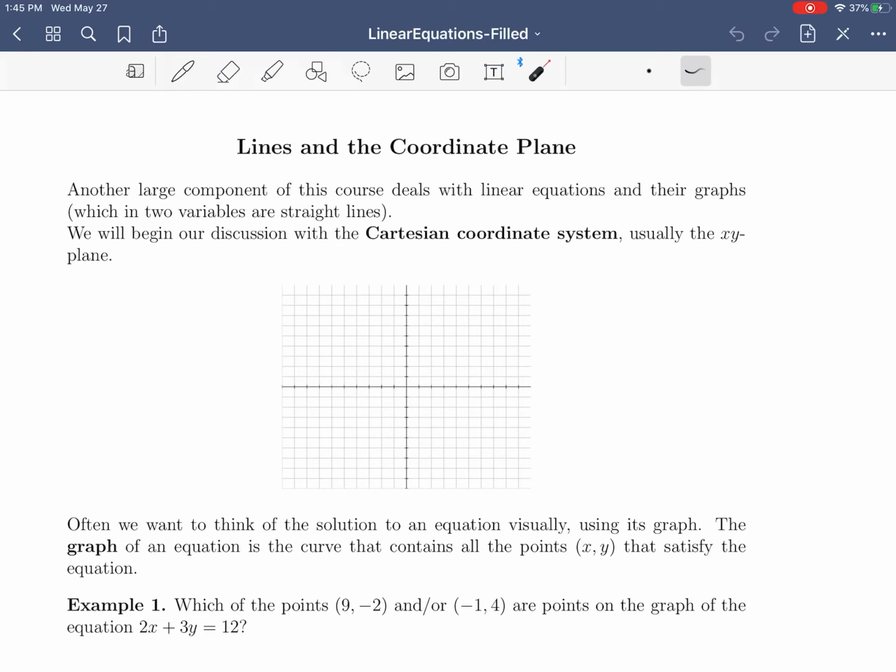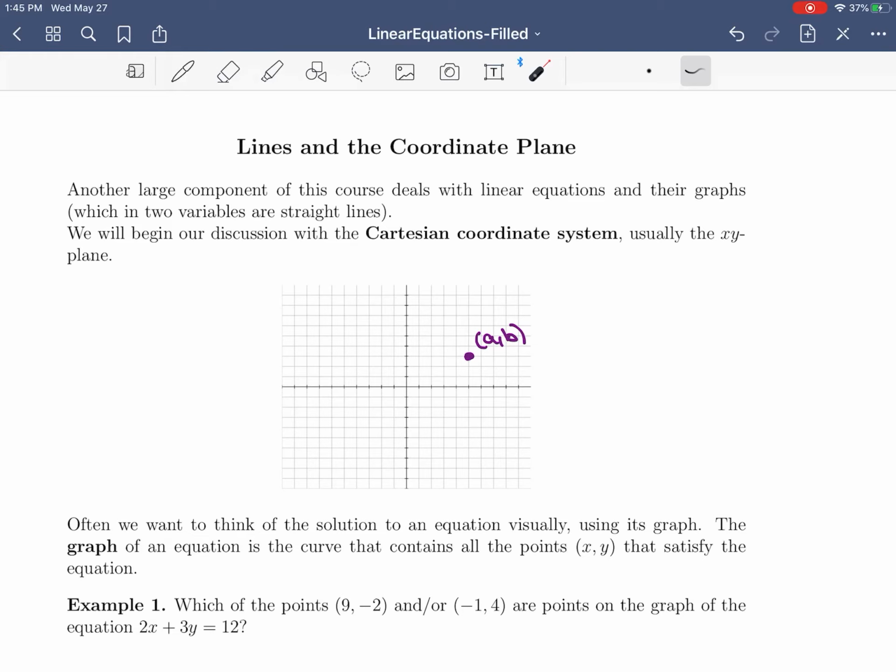So let's begin with the Cartesian coordinate system, or the XY plane. If we have a point in our plane, points always have two coordinates, a first coordinate and a second coordinate, so we write them as ordered pairs.